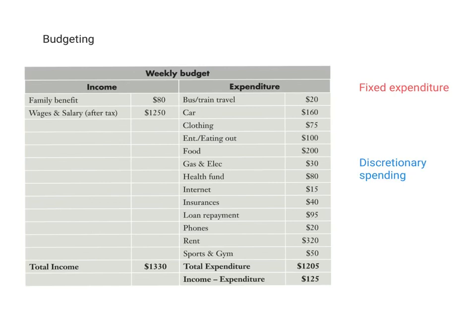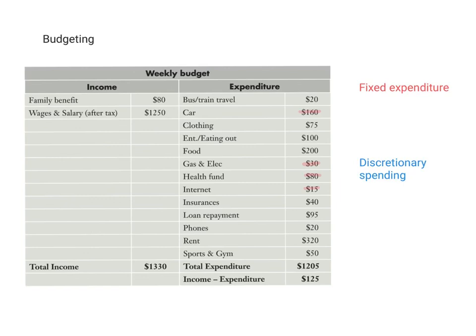If you look at things that would be fixed expenditures, we would be looking at things like the car would be a fixed expenditure based on the idea that that's a loan you're paying back on the car. You would also have your gas and electrics as a fixed expenditure, health fund, internet provided that you don't go over your limits.